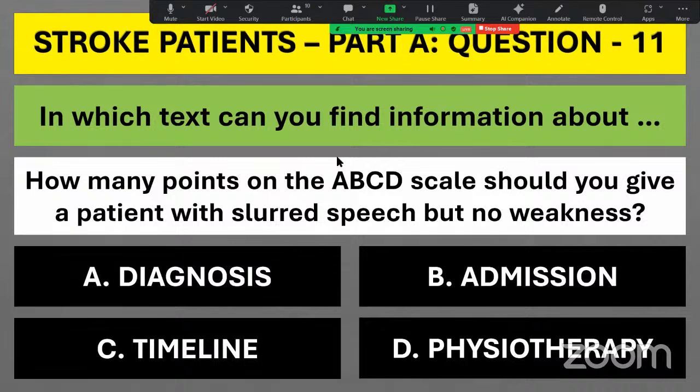Now look at this particular question. In which text can you find information about how many points on the ABCD scale you should give a patient with slurred speech but no weakness?